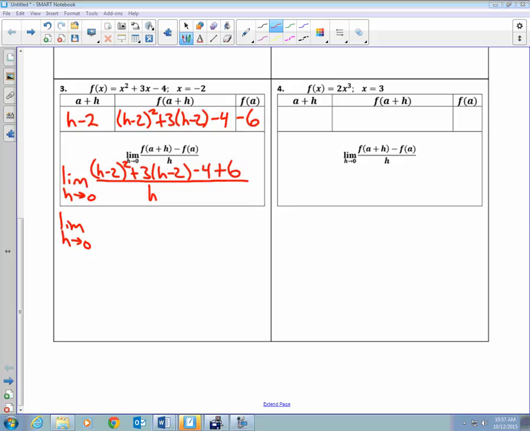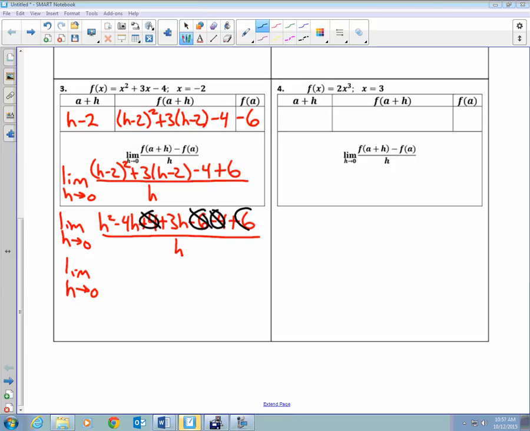Okay. So we have h squared minus 4h plus 4 plus 3h minus 6 minus 4 plus 6 all over h. Limit as h goes to 0 because I haven't plugged in 0 yet. What goes away? Minus 4 plus 4 minus 6 plus 6. And I'm left with, somebody. Yep, minus f of a.